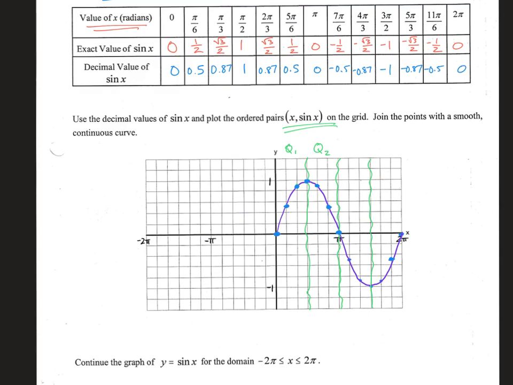The only thing that changes as we move into quadrant 3 is that my opposite side is negative. So at pi, I have 0 opposite side. Then my opposite side gets a little bit larger, and that is the largest it could be when we get to 3 pi by 2. There's our quadrant 3. We can finish off our rotation as we rotate through quadrant 4. My opposite side then starts to get a little shorter, and eventually disappears.